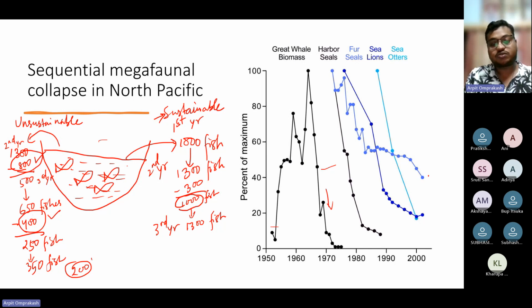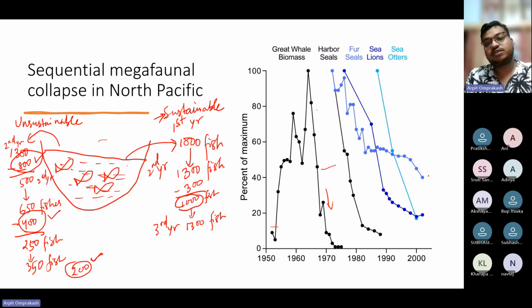But the next year when you catch 200 fishes, it's very difficult to get a high profit because your expenses to catch fishes keep increasing, as it gets more and more difficult to catch them. So the catch keeps decreasing, and after a point it becomes economically non-sustainable. You can't catch whales and sell them for a profit.